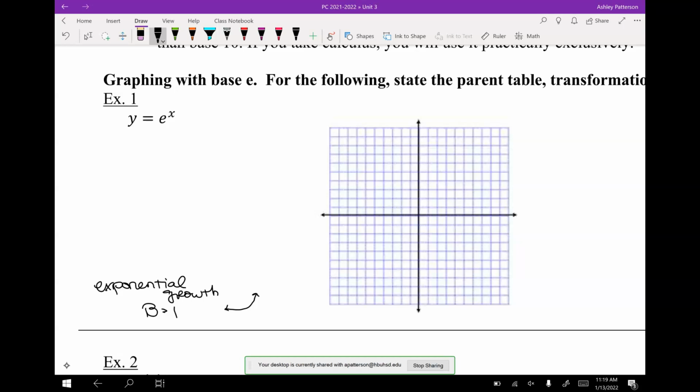And for an exponential function, does that have a horizontal or a vertical asymptote? Exponential functions. Courtney? Horizontal. Okay, they have horizontal asymptotes. And how do we find them? Where are they located? Are they A, B, H, or K?